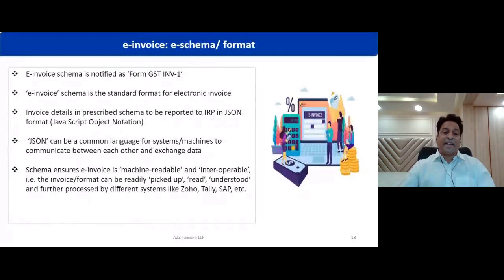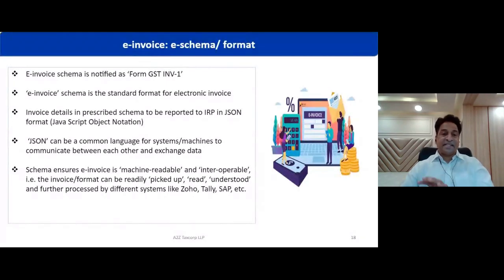It is unified, and this schema ensures the e-invoice is machine readable and interoperable. The invoice format can be readily picked up, read, understood, and further processed by different systems like Zoho, Tally, SAP, and Oracle. This is the e-schema.